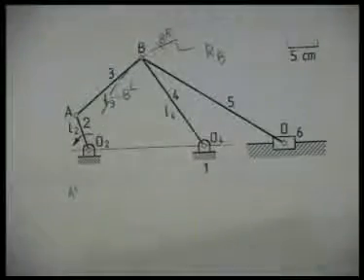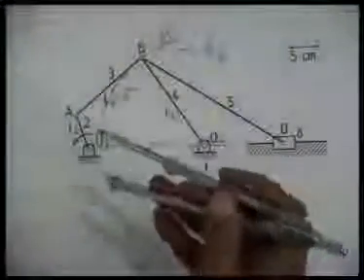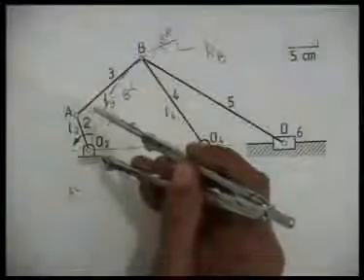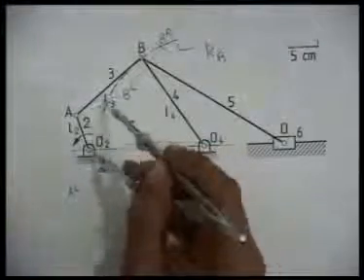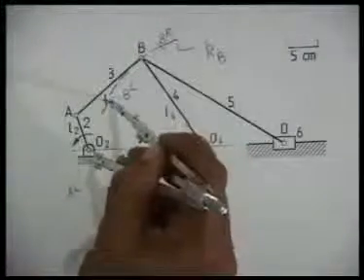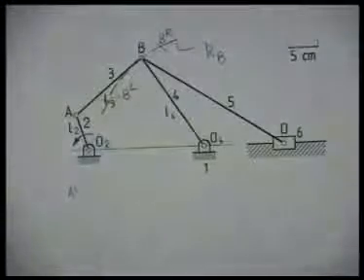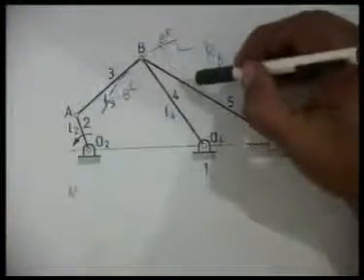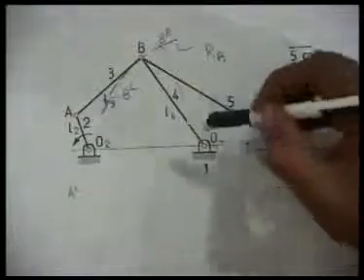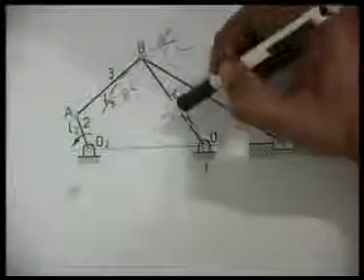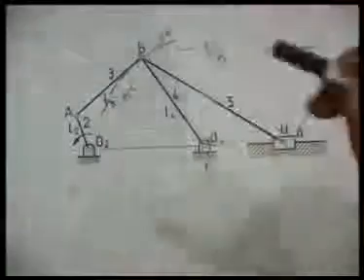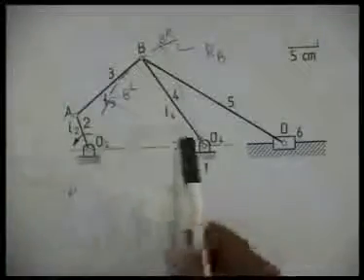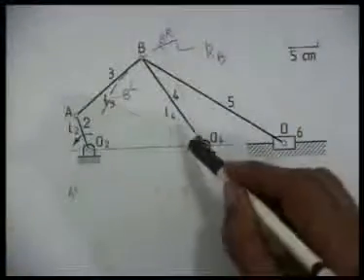So I take the difference of AB and O2A and take that from O2 and mark it on KB. So the link 4 oscillates from O2BR to O2BL. So this is a crank rocker mechanism, and this is the rocking movement of link 4.